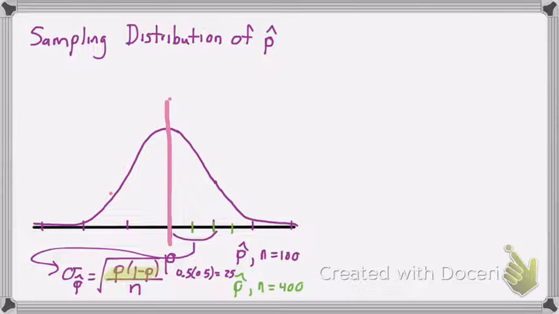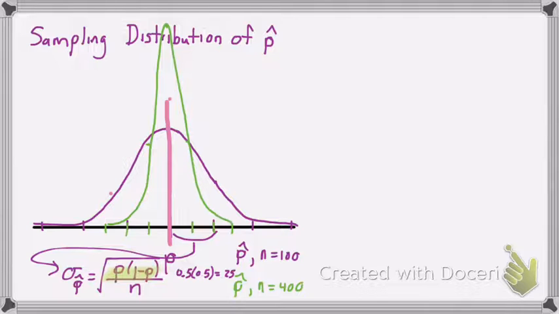So instead of my distribution looking like it originally did, it's going to condense heavily, and since it's condensing heavily, it's also going to be a lot taller. I probably could use more room to graph, but the distribution looks something like this, very peaked in the middle.